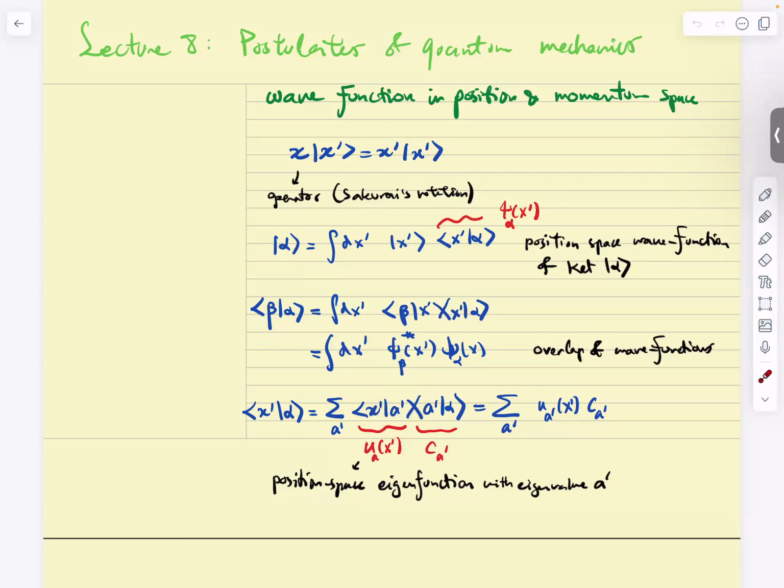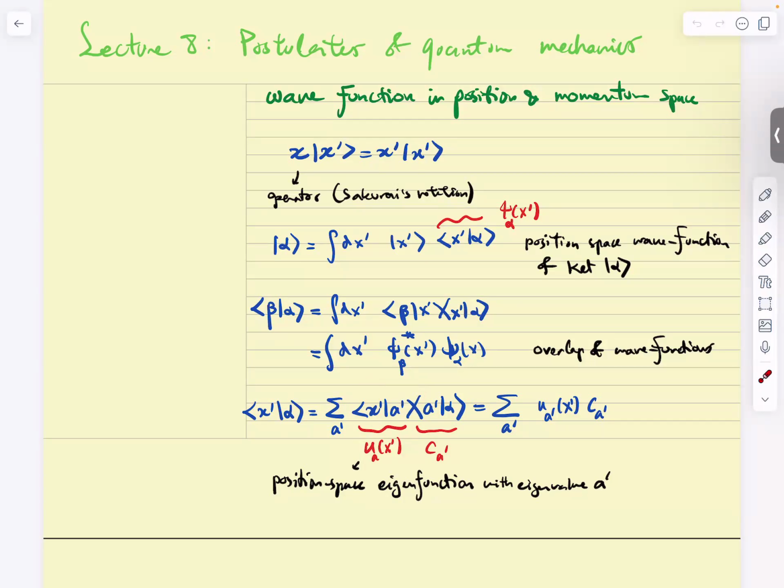So what is the bracket of x prime and A prime? If you were to give it a name, describe it. What does the bracket of x prime and A prime describe? So we said that this is the wave function corresponding to the state ket alpha in the position basis.